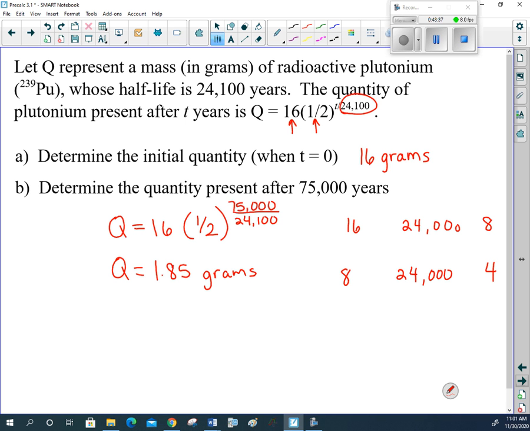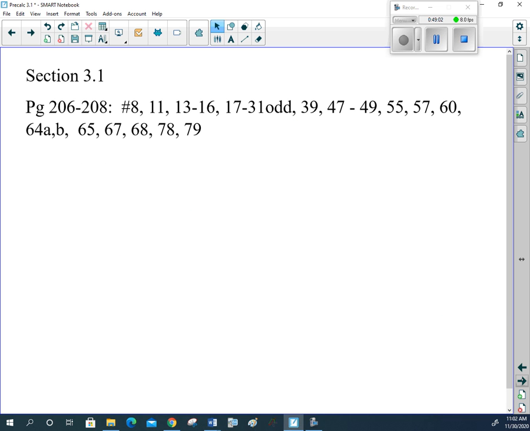Then I started with 4, and another 24,000, this is just an estimate, I should have 2 grams. Well, we were checking after 75,000 years, so that's not quite 75,000, and I'm down to 2, and our answer is 1.85. I feel like that's a pretty reasonable answer. I think our math is good. I think that looks right. Okay, there you go. We're done.